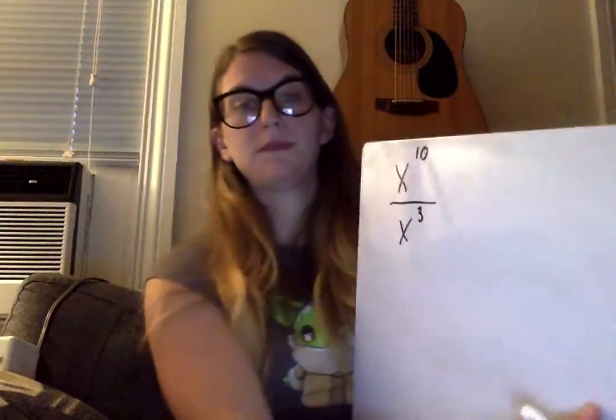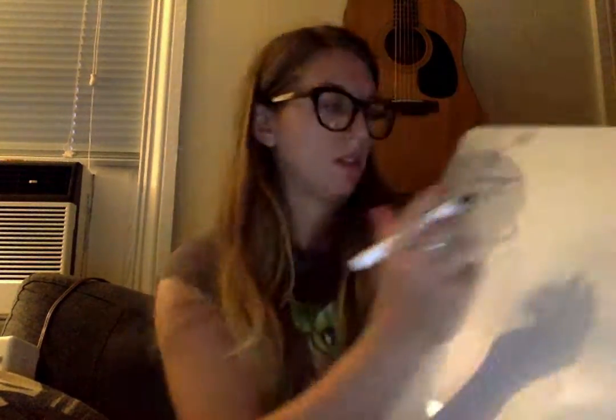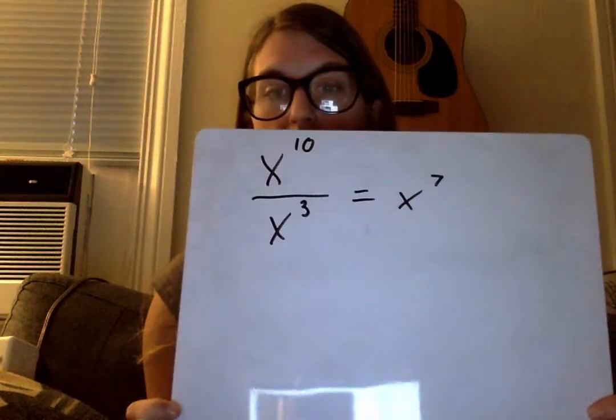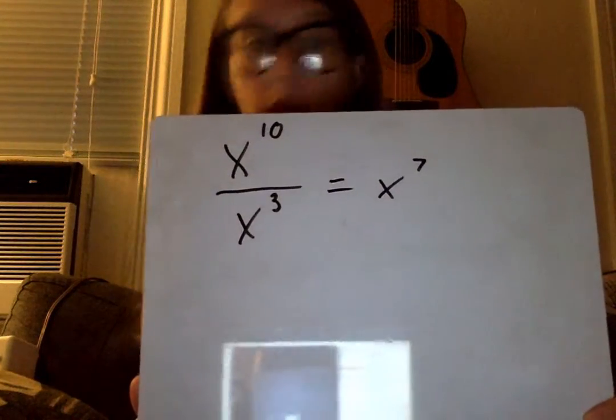It'll be fine. The first example, that is not the first example. Here it is. First example is x to the 10th. Here's the bottom. Divided by x to the 3rd. And with division, you're just going to subtract. X to the 7th. Ta-da! If you need a visual, I shouldn't have picked 10 and 3, but I'm going to do it.